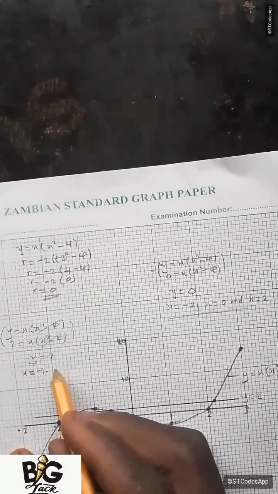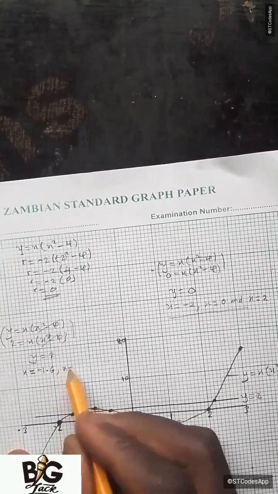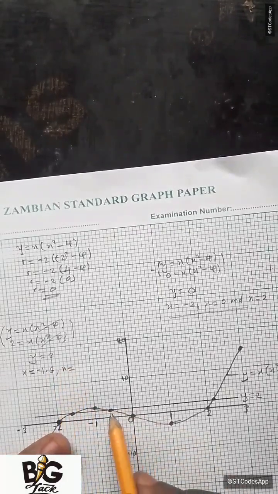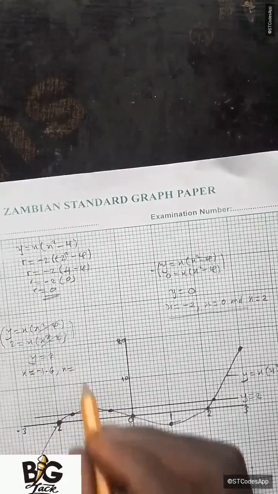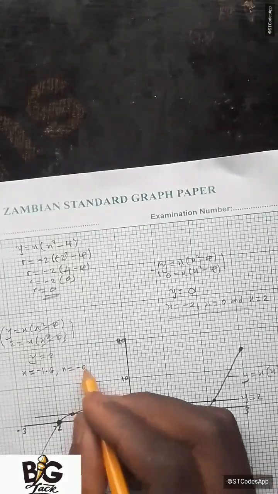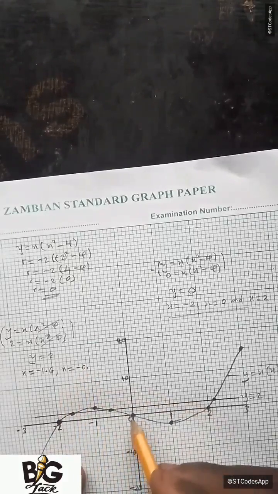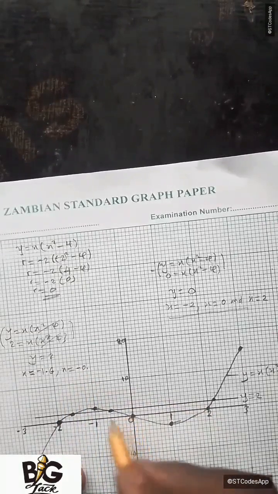So it is going to be negative 1.6, comma. X is equal to, at this point here, on the negative side, I'm going to say negative 0 point, since this one here is 0, right? Then I'm going to count from 0: 1, 2, 3, 4, 5, 6.